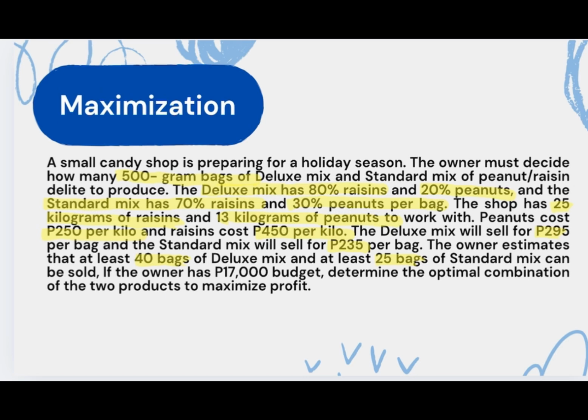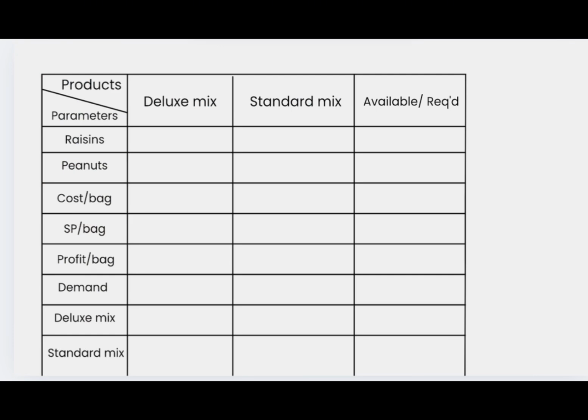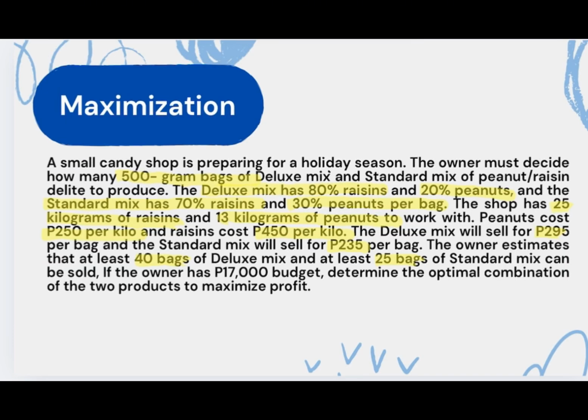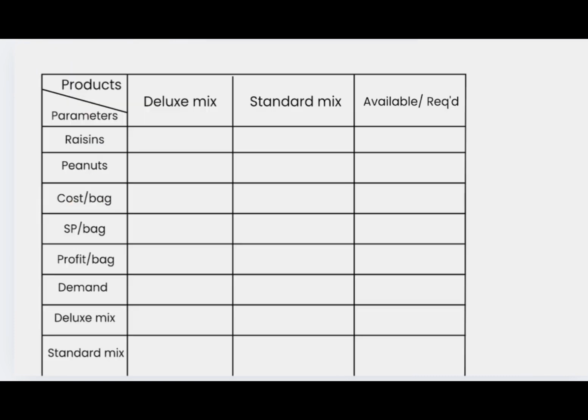Okay, so we're going to make a table so that we can form our constraints more easily. I already did the table. The products are deluxe mix and standard mix, so our parameters would be x sub 1 for deluxe mix and x sub 2 for standard mix.